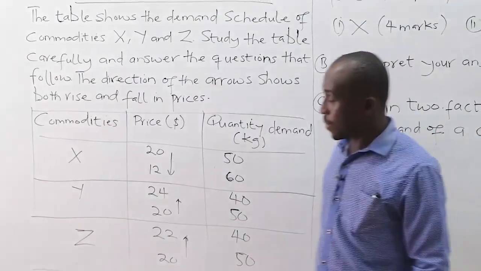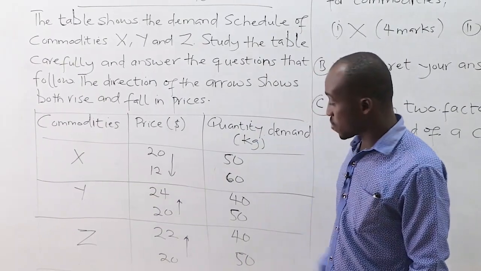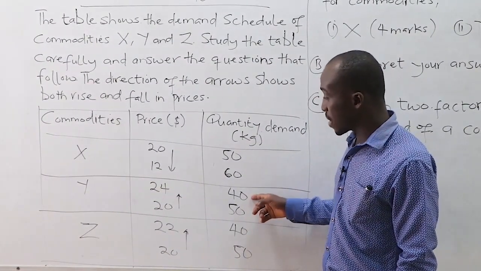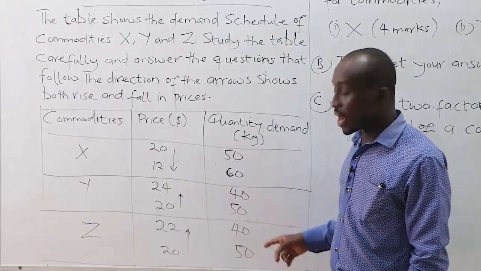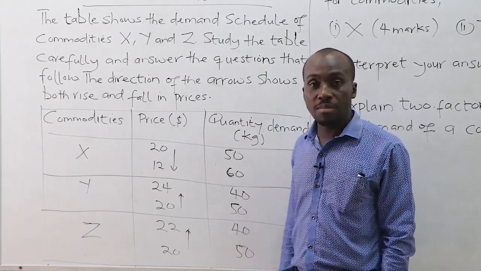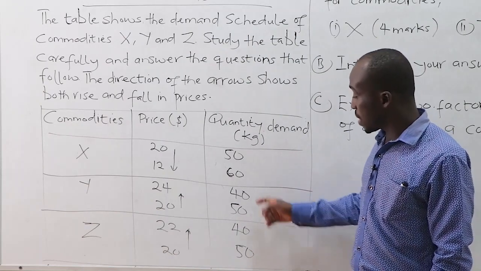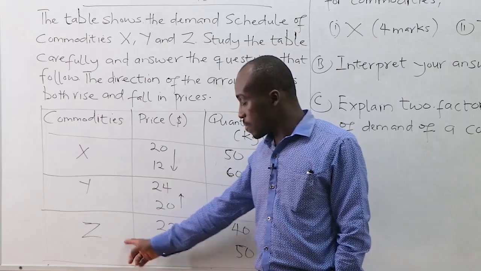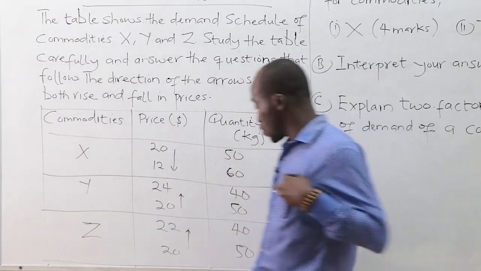If we come to Y, the price was 20, it moved to 24. And therefore it has reduced aggregate demand to 40. Before, the aggregate demand was 50, and the demand is now about 40. What about Z?